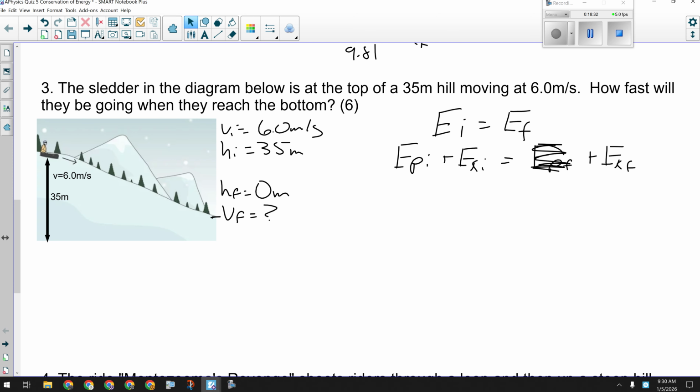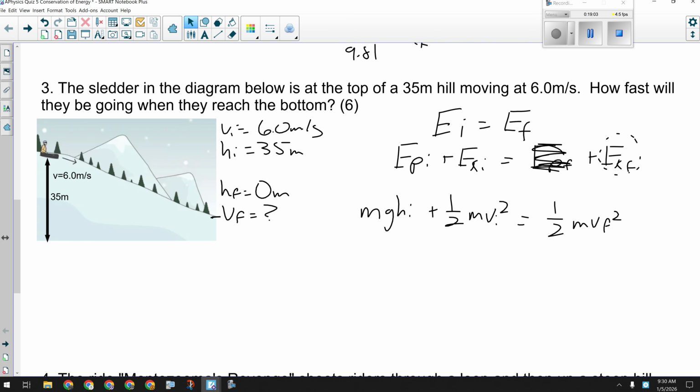Okay, so they want me to calculate vf. That would be part of this term, which now, thanks to the fact I have no final potential, is already isolated. Can I plug in my formulas now? Okay. All right, so m times g times h initial plus 1/2 m v initial squared equals 1/2 m v final squared.